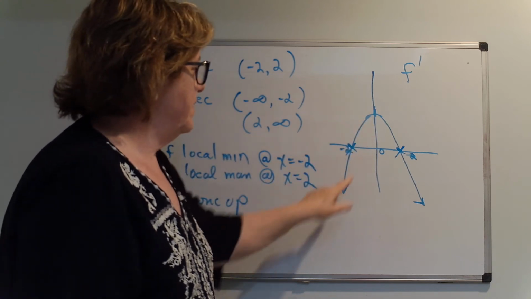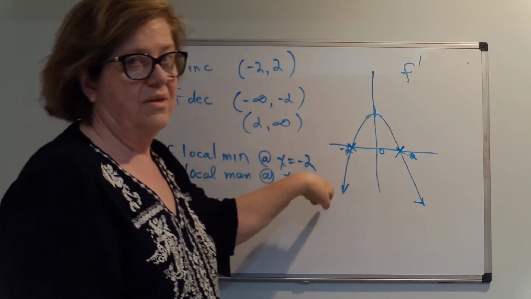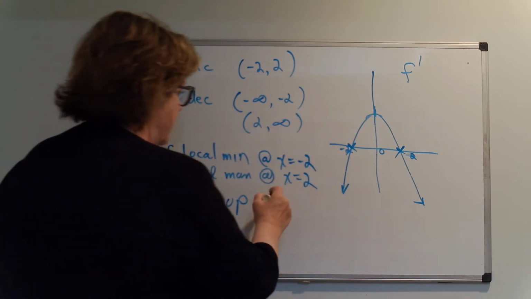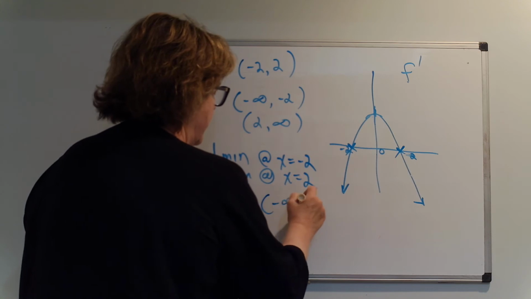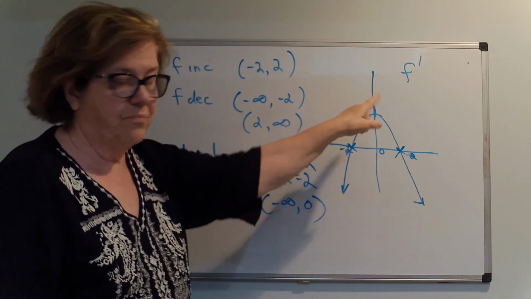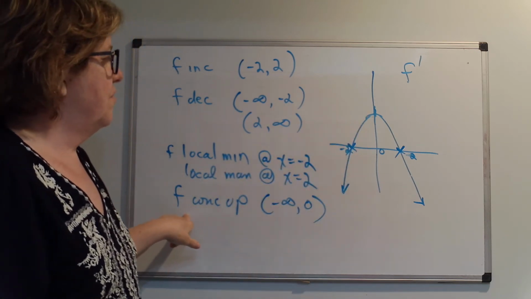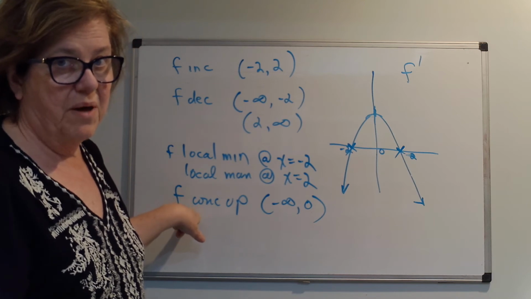Well, the derivative of this is positive where this is increasing. It's increasing from negative infinity to 0. So this f prime is increasing from negative infinity to 0, so f double prime will be positive.